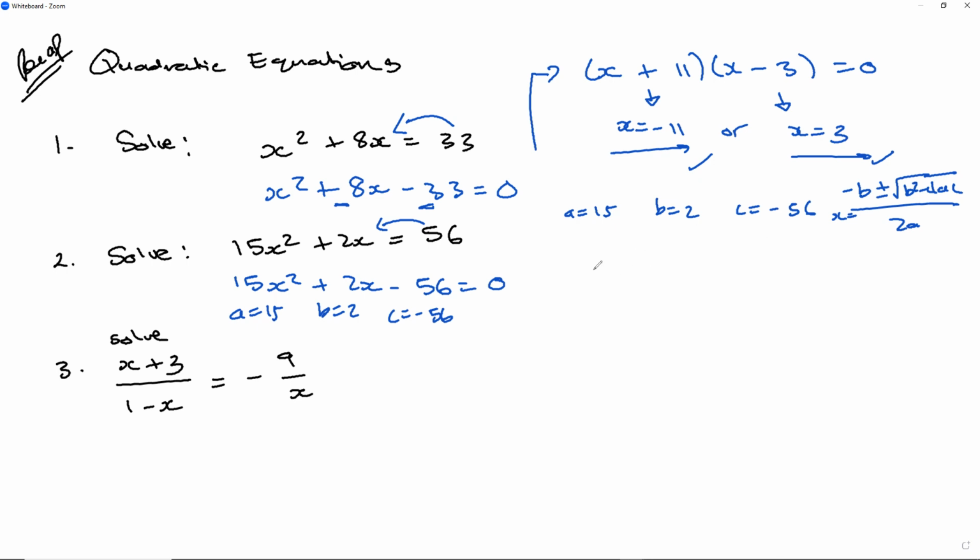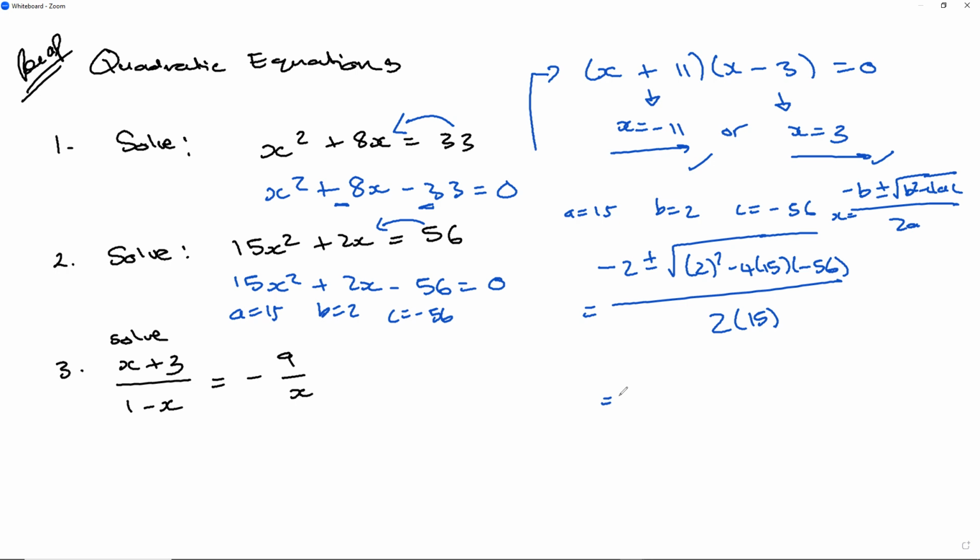If I put this in here, I get negative 2 plus or minus the square root of 2 squared minus 4 times 15 times negative 56, all divided by 2 times 15. Now I need to simplify this in as many steps as I need to. So this is going to be 4 plus 4 times 15 times 56.